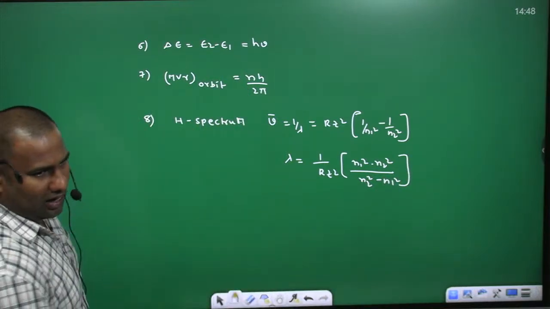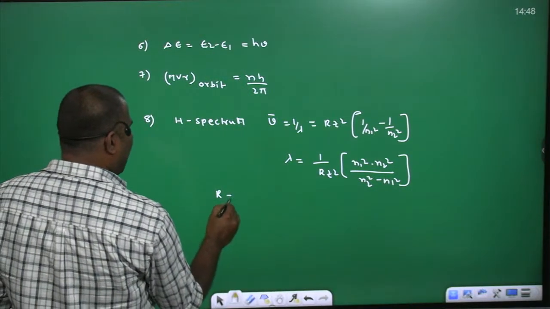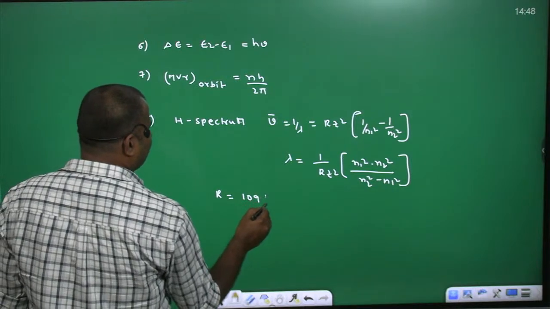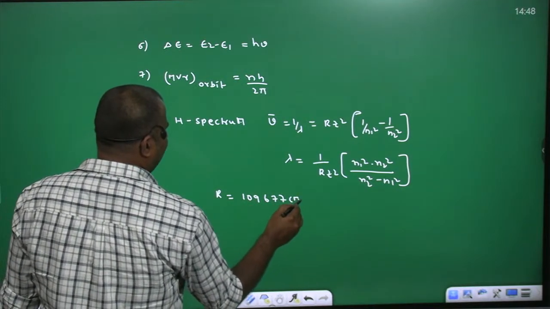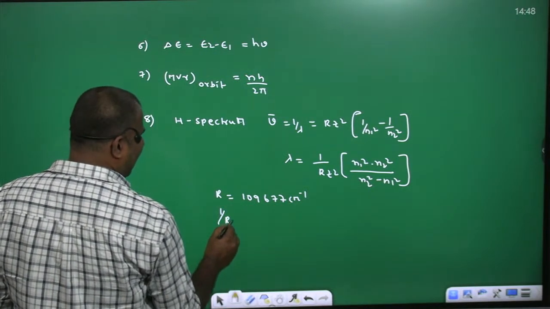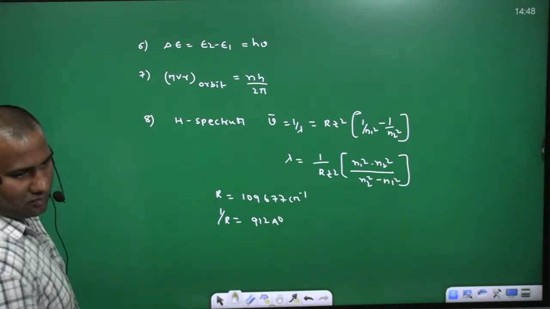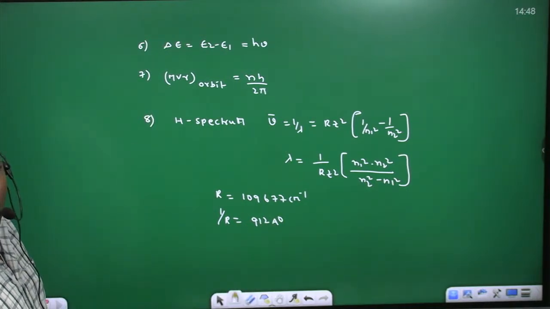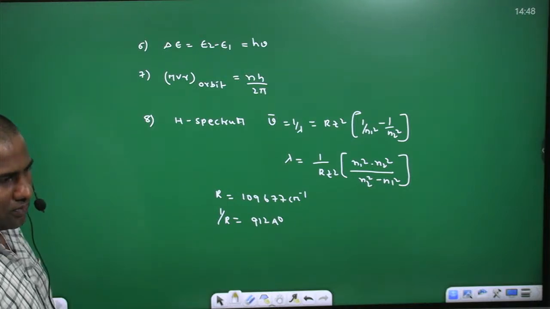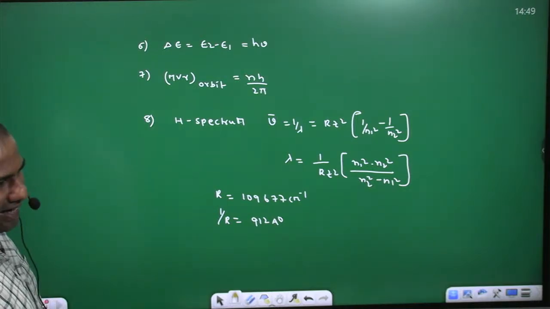Coming to the R value, R equal to 109,677 centimeter inverse, whereas 1 by R equal to 912 angstroms. You can remember this. This is for the hydrogen spectrum.